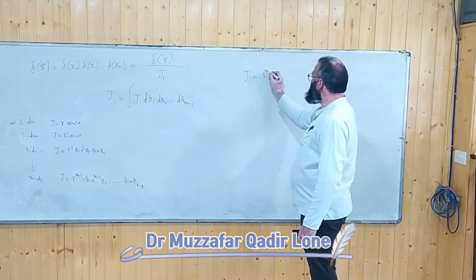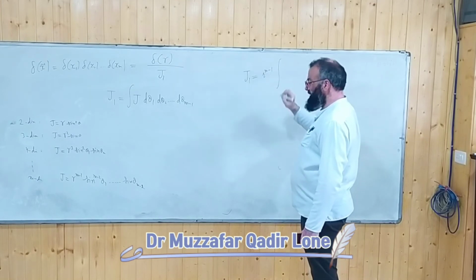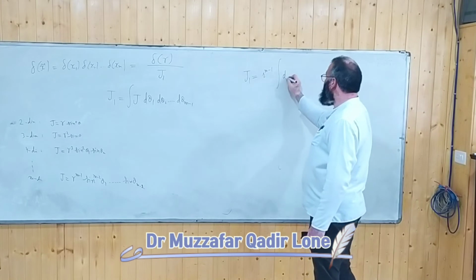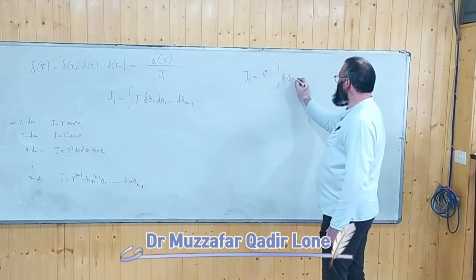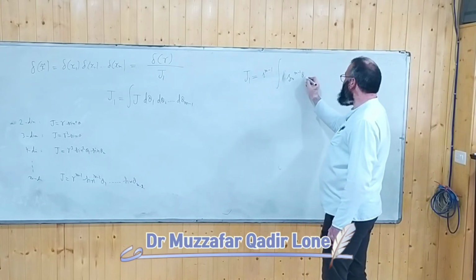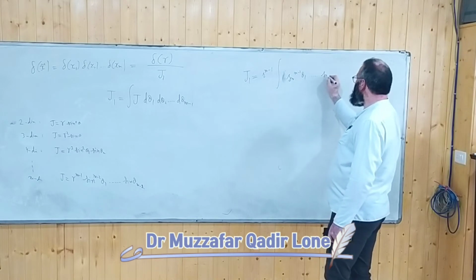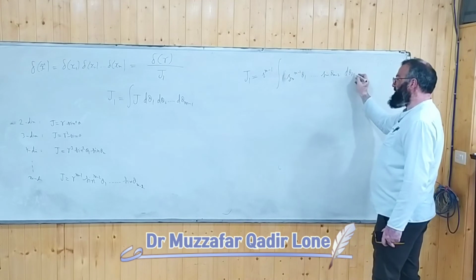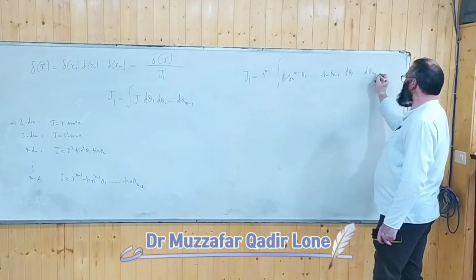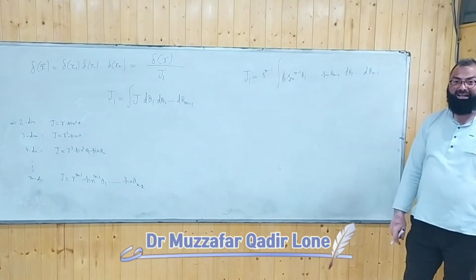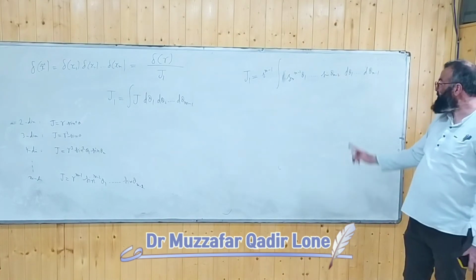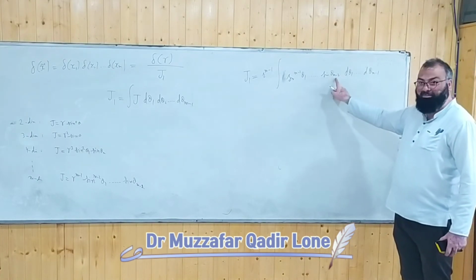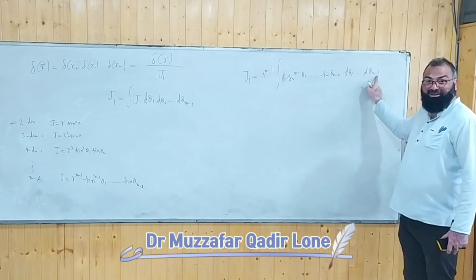So it is integration over sine of m minus 2 theta 1 ... sine of theta m minus 2 d theta 1 ... d theta m minus 1. Okay. So look here. You are having theta up to m minus 2. You are having integration over m minus 1.